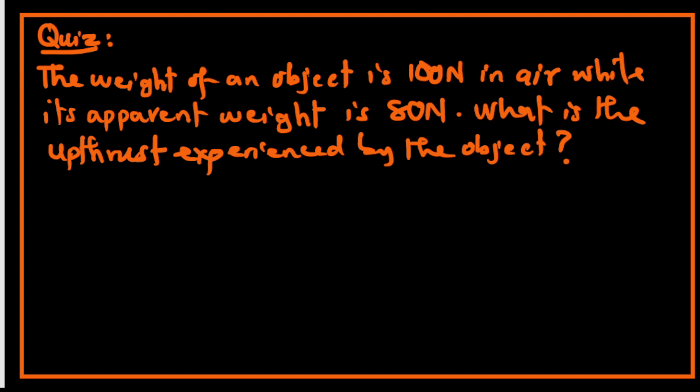I can't hear you. Upthrust is what? Say that again. Did you say 50 Newton? No, that is wrong. Well, the weight in air of the object is 100 Newton, and the apparent weight of the object is 80 Newton.